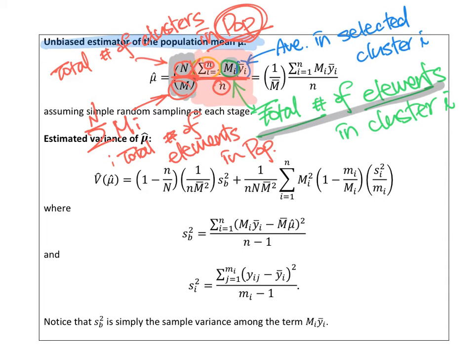So now I can interpret the second part. The second part was that is a ratio from the sample, and we expand it up to the population. So it is the estimated population mean.